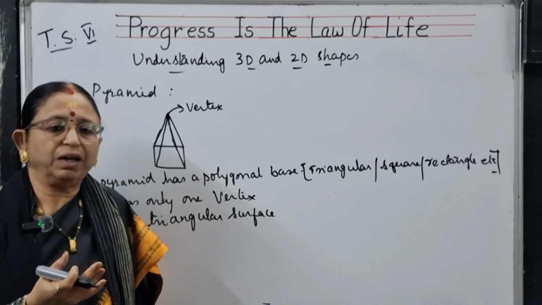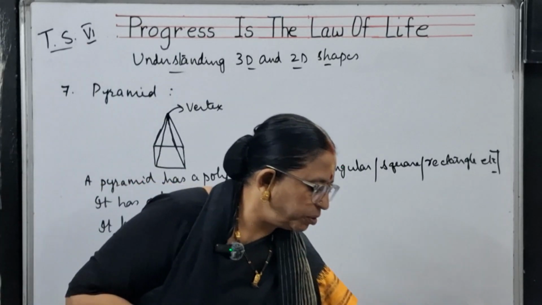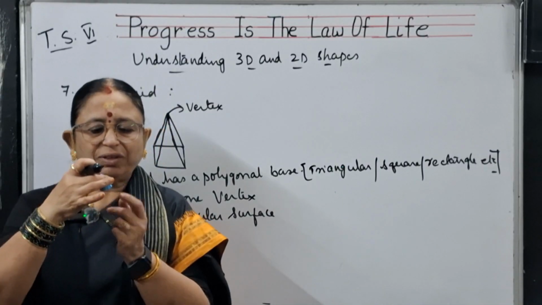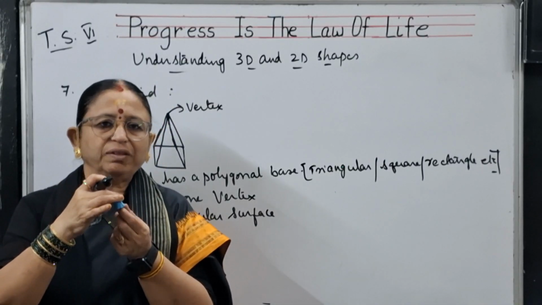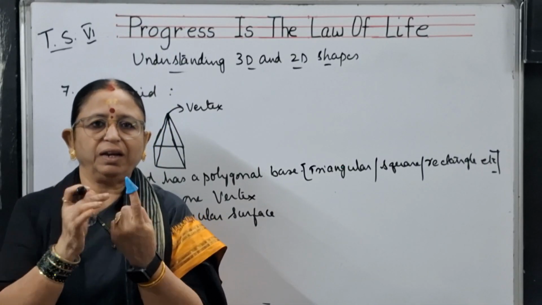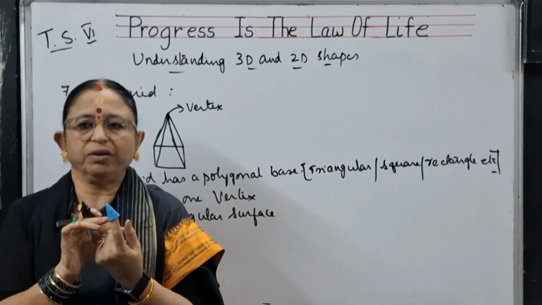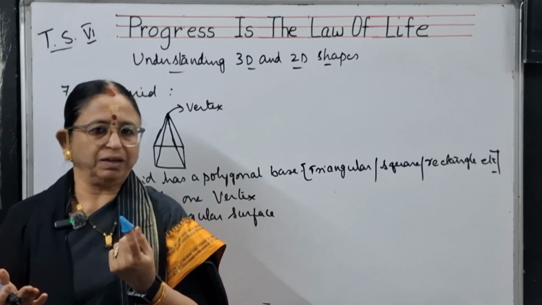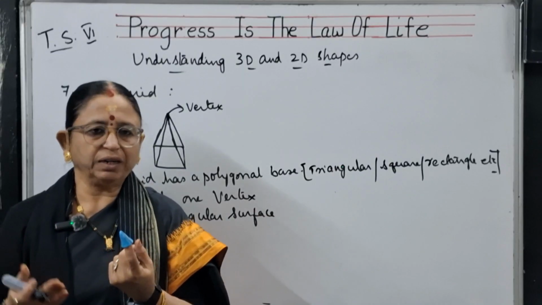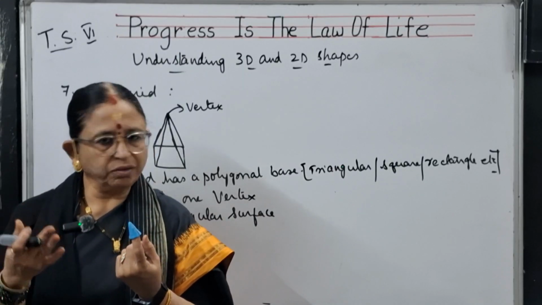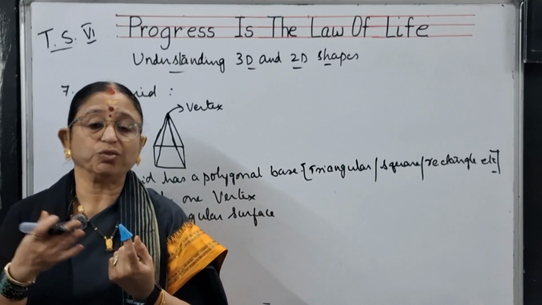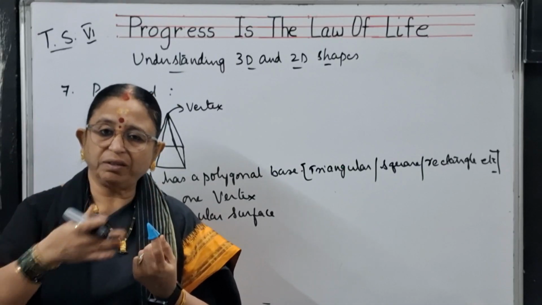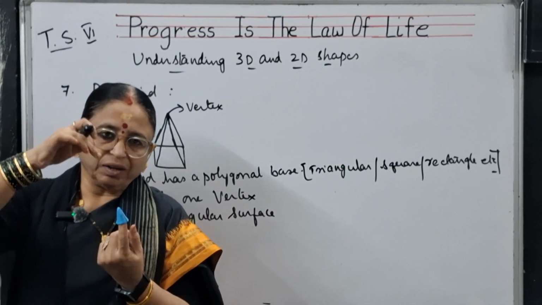It is just like what we talked about with the cone, which is a vertex with a circle, children. Instead of this circle, it has a polygon: starting with a triangle 3 sides, square or rectangle 4 sides, pentagon 5 sides, hexagon 6 sides. So the number of sides will give you the shape, and it has only one vertex.